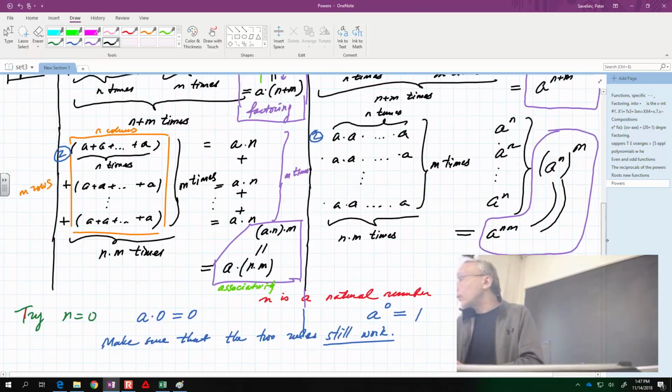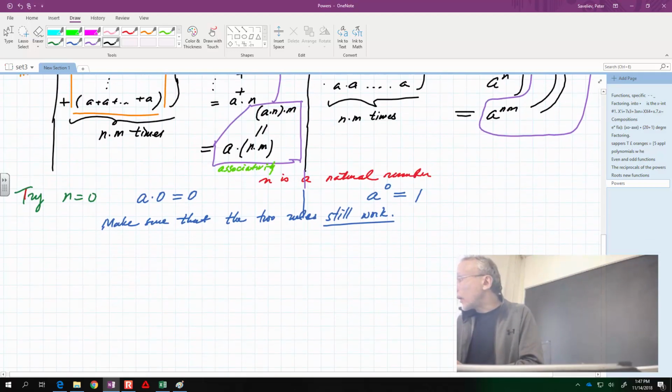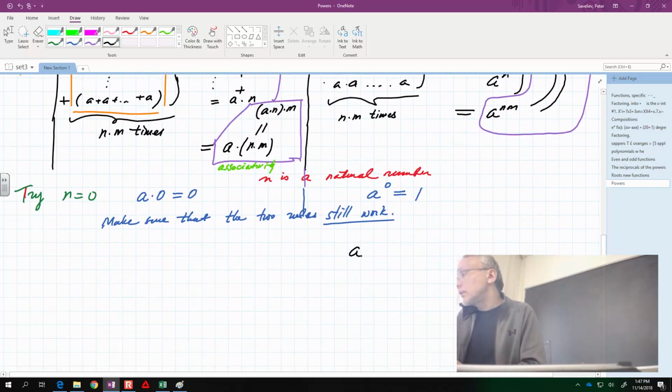Okay, so for example, let's take the first one. Say a to the 4th power. So it is a repeated 4 times on one hand. On the other hand, I can write it, according to my formula, as a to the 0 plus 4.